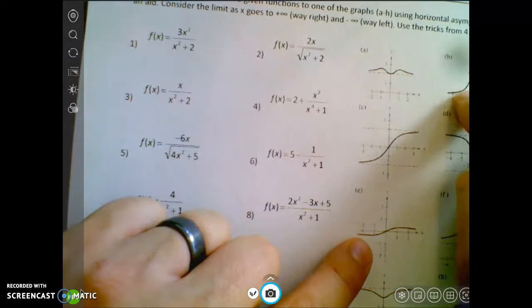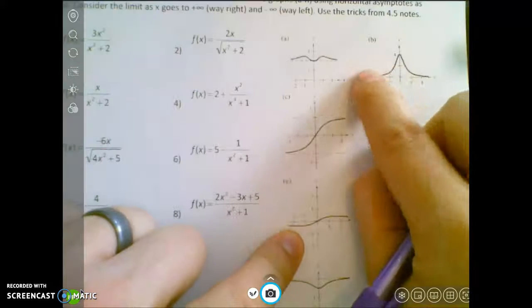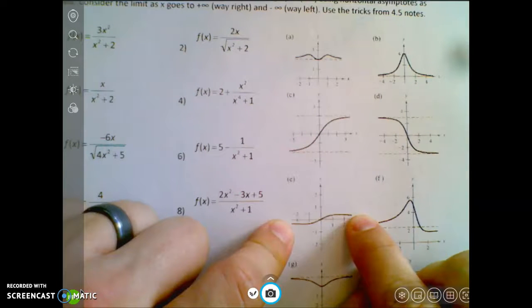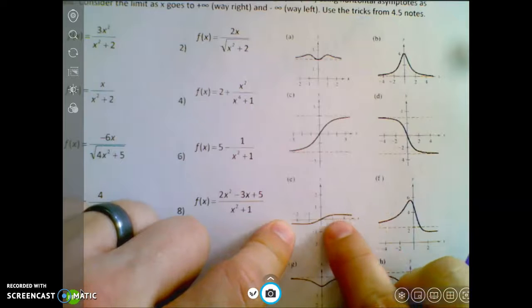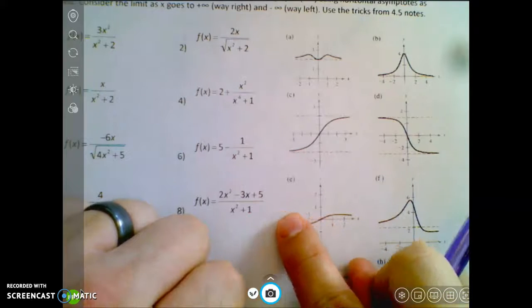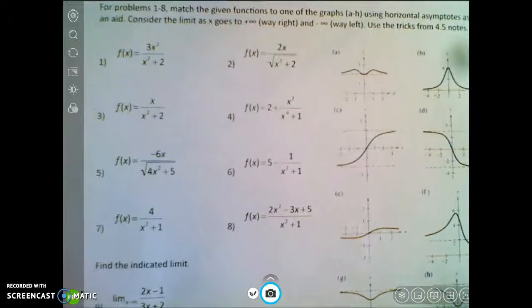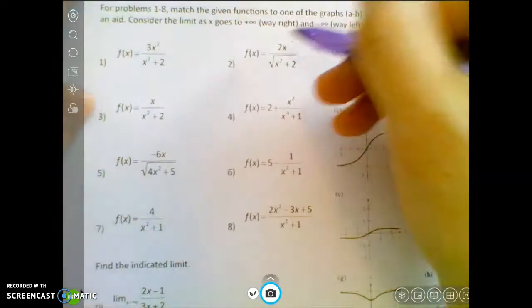E and B. See how they both approach 0 from the left and the right, and this one approaches 0 to the left and the right? The difference is one of these approaches 0 from the bottom and the top. This one approaches 0 both from the top. Really hard to see. I'll try to show you that one as an option.